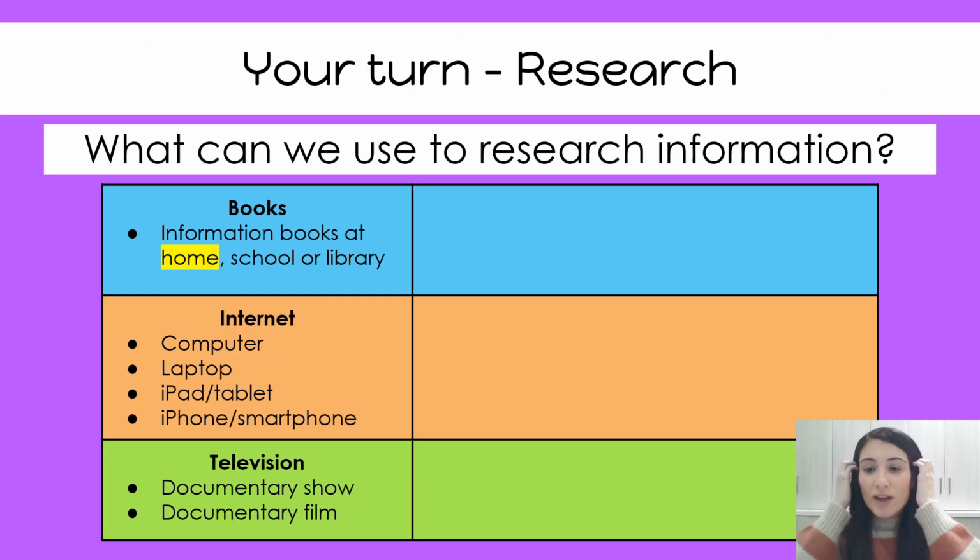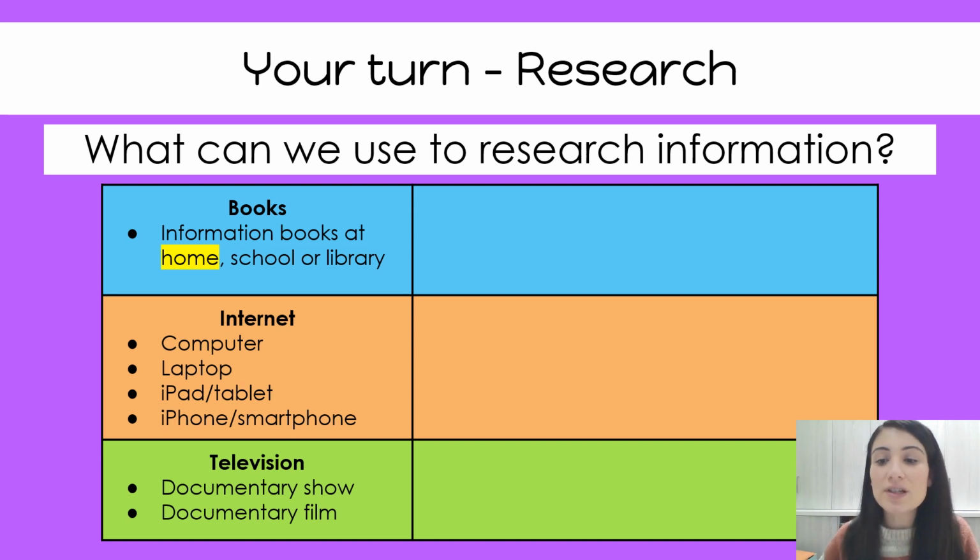Now, because it's your turn to write your own information report, I thought I would give you some more information about how to do that research on your own. Of course, you might have a parent or a brother or sister in your house helping you, and that's absolutely fine.